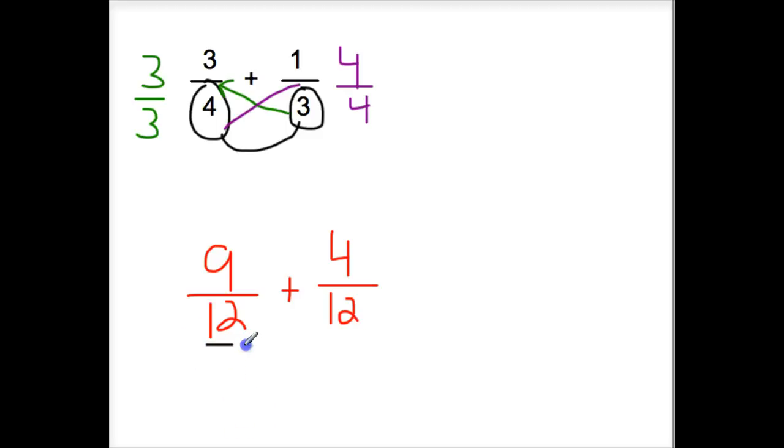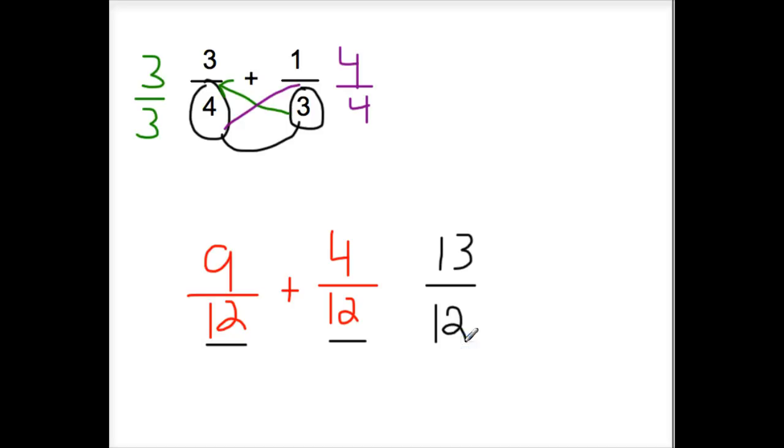Now our denominators are each 12, so we can add them because they're equal parts, and we have 13 twelfths.